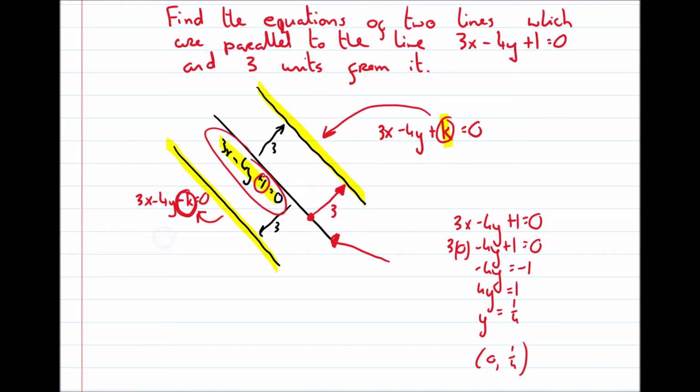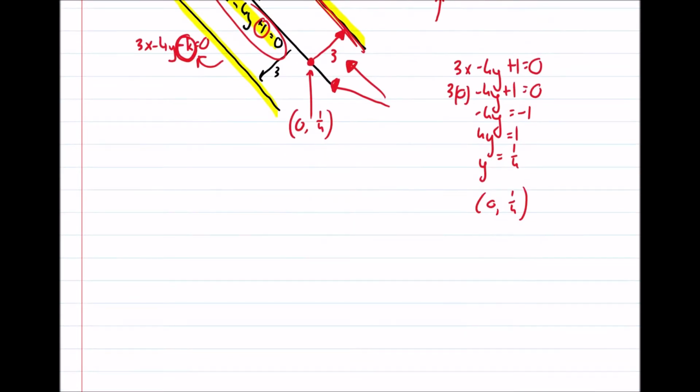There's my point, (0, 1/4). It's on that line. I know that this line here has the 3x and the 4y, and I'm just looking for the k. I also know that it's a distance of 3 units away from that.